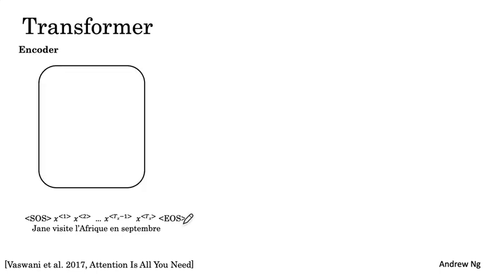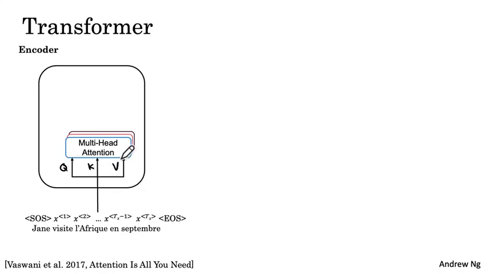The first step in the transformer is these embeddings get fed into an encoder block, which has a multi-head attention layer. So this is exactly what you saw on the last slide, where you feed in the values Q, K, and V computed from the embeddings and the weight matrices W. This layer then produces a matrix that can be passed into a feed-forward neural network, which helps determine what interesting features there are in the sentence.